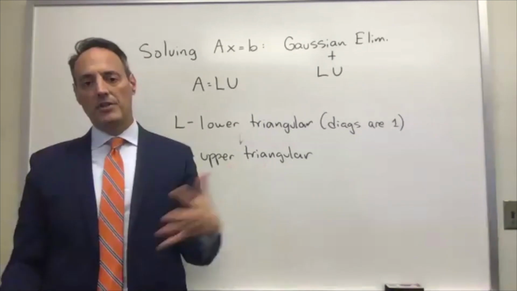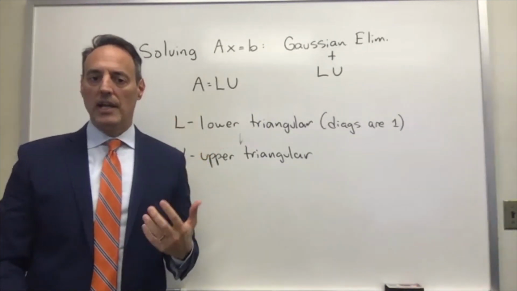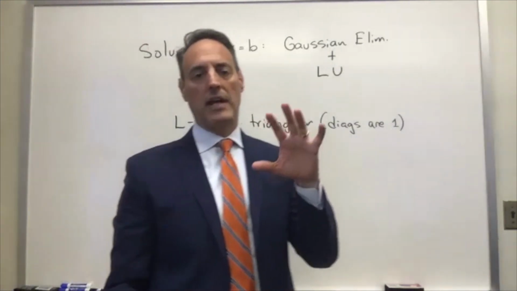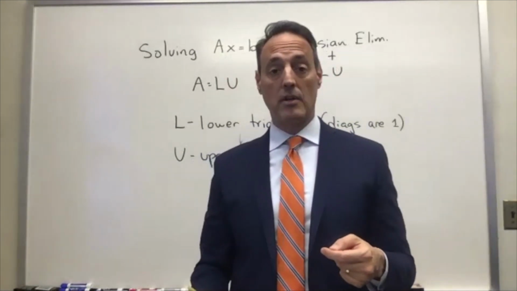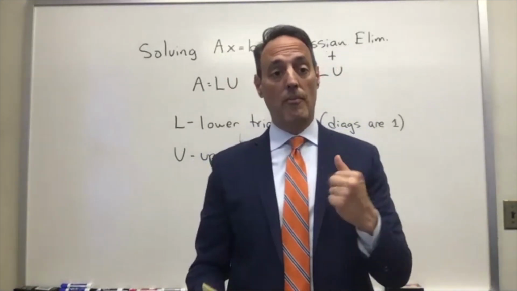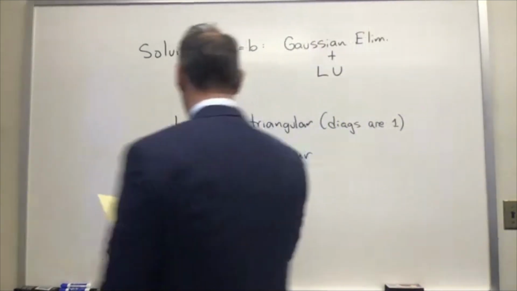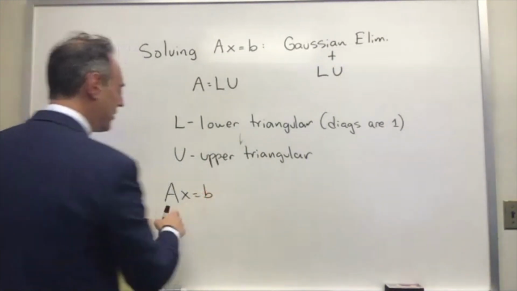When I'm going to solve Ax = b, if I have this decomposition, solving Ax = b is equivalent to doing a forward and a backward substitution in two different problems. Here's how it works. I'm going to solve Ax = b.